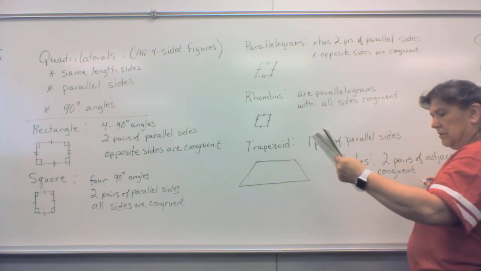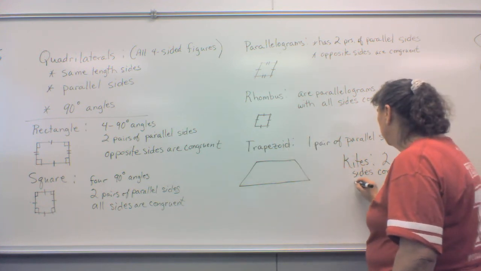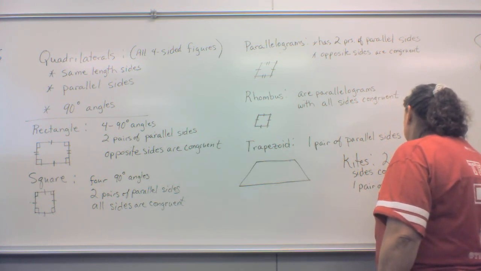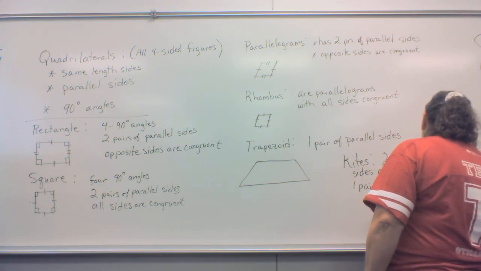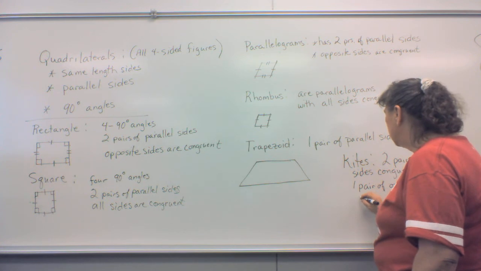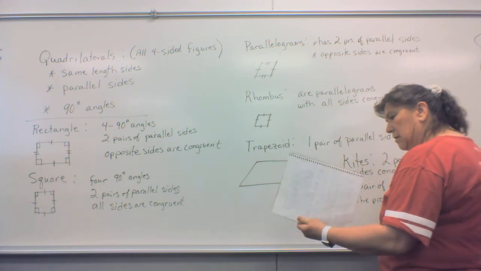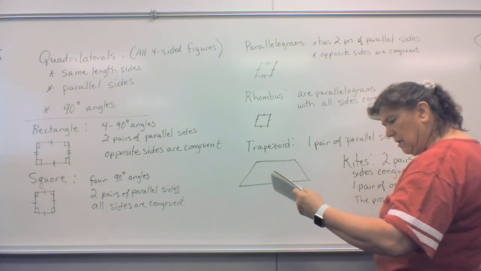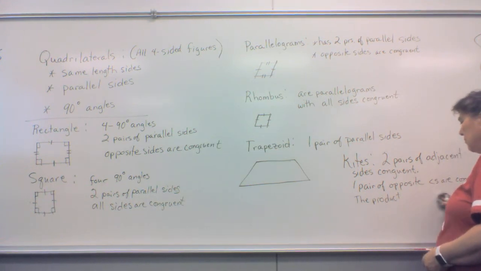The other factor is one pair of opposite angles are congruent. And another interesting thing about kites is the product of the two diagonals. Did I write that down? No, I didn't. Oh well. I won't put that in then. There's something about the product of the two diagonals, but we won't put that in.